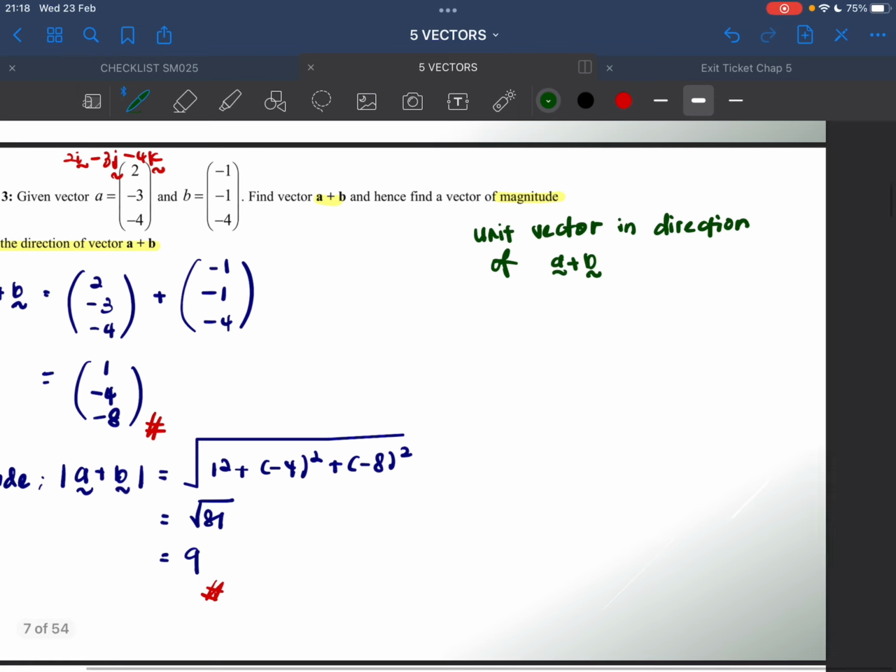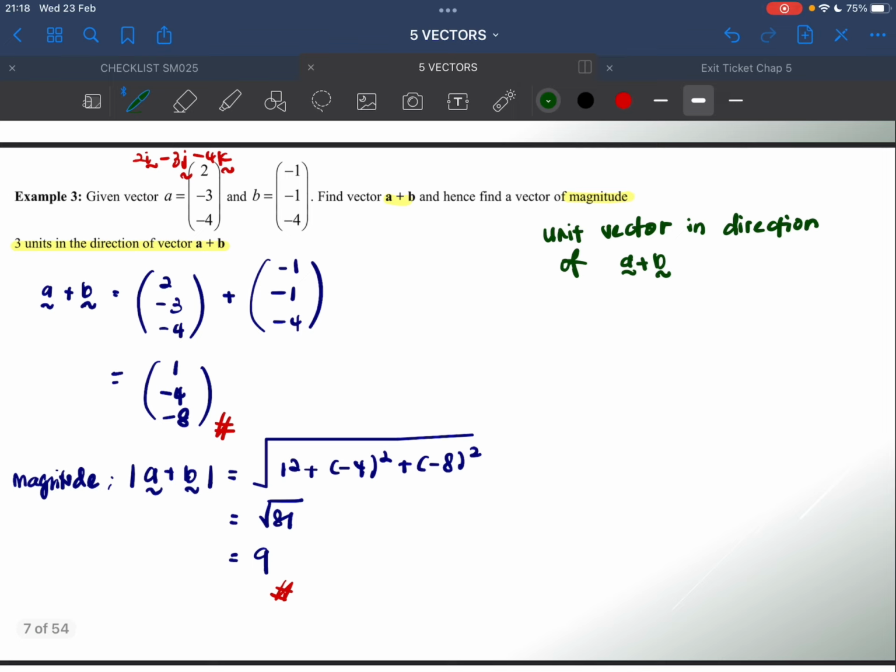We know the unit vector is represented as U hat. The formula for the unit vector is A hat equals the vector over its magnitude. So now you should have the vector A plus B, which we already have here, 1, negative 4, negative 8, over the magnitude, which is 9.